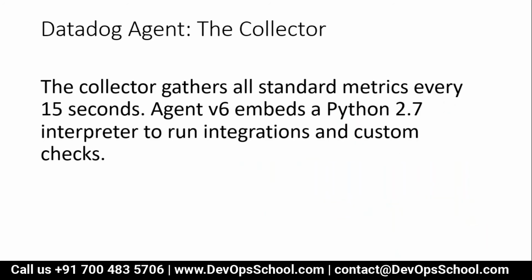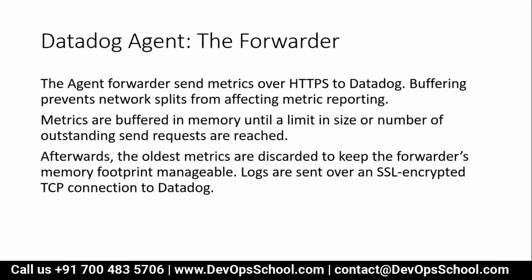Okay, you might have noticed one more thing which we have in the Datadog agent, which is called the collector. The collector gathers all the standard metrics every 15 seconds and sends the data to the forwarder and then Datadog. Forwarder, you know that the agent forwarder sends metrics over HTTP to Datadog.